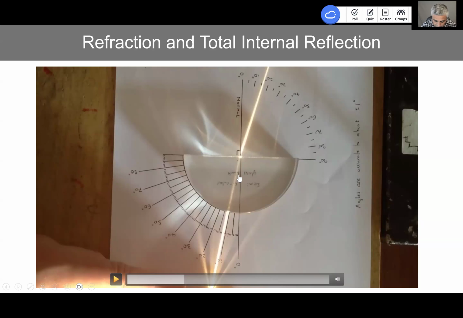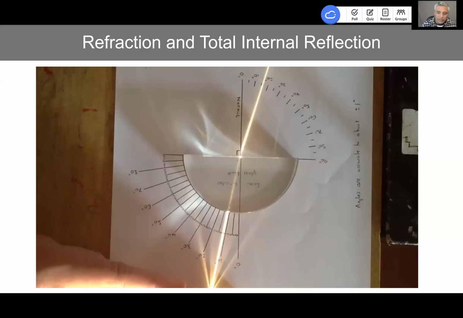It's written glass block, so I believe that's glass. And it gets out to the air. In this case, the normal is shown here. The angle of incidence, if you pay attention, is smaller than the angle of refraction because the light is getting out into the air, which has a smaller refractive index than the glass.